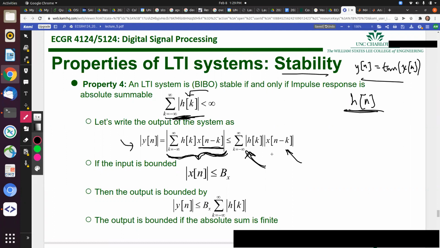So every one of these values I can say is bounded by some value beta X, a constant. Then this sum is however many terms times beta X. But then we have to look at whether the sum of H itself is bounded. If it is not bounded, then the whole sum isn't bounded.